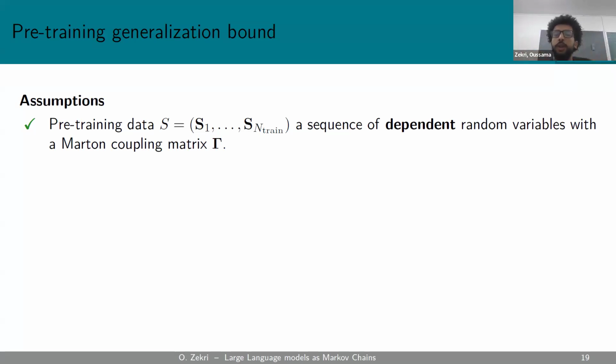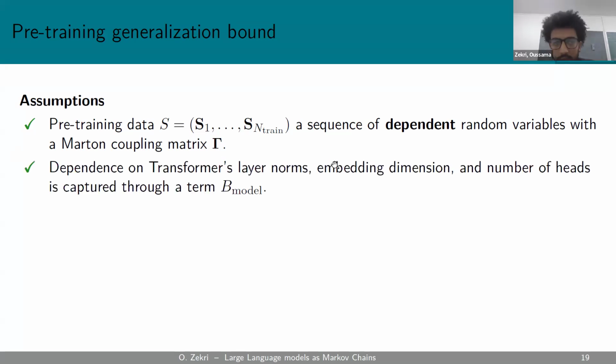We make a more general assumption: we have some dependency between the training data, and this dependency is expressed through what we call a Markov coupling matrix, gamma. And you also have a term B that depends on basically all the model parameters.